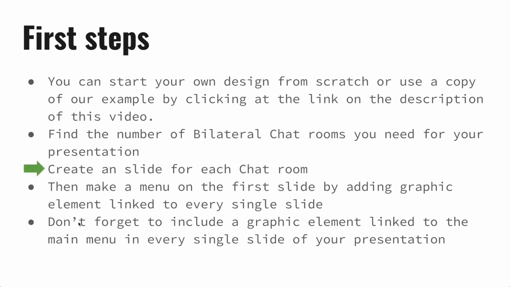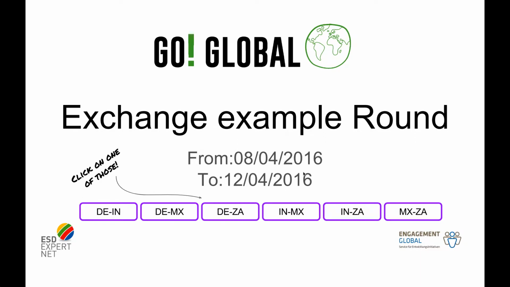When you have found that number, you have to create a slide for each chat room. In this case, for our 4 countries, we need at least at the beginning to create 6 different slides, which will be linked with this main menu at the beginning.